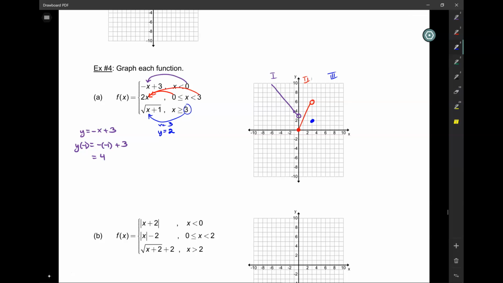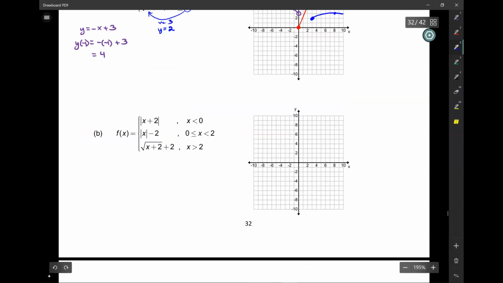What other number can I plug in there so I get a nice little curve? 8. When x is 8, y is 3. Okay? There we go. Isn't that cute? You don't need them. You can put them. It's not a deal breaker either way. Okay? Cool.